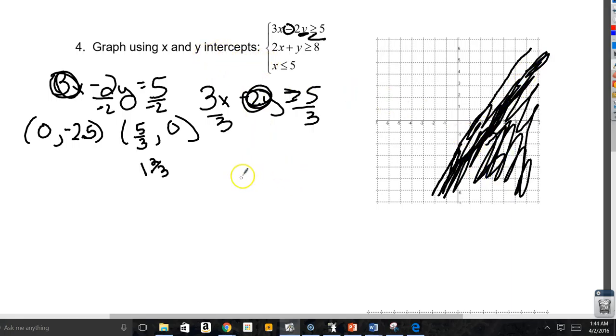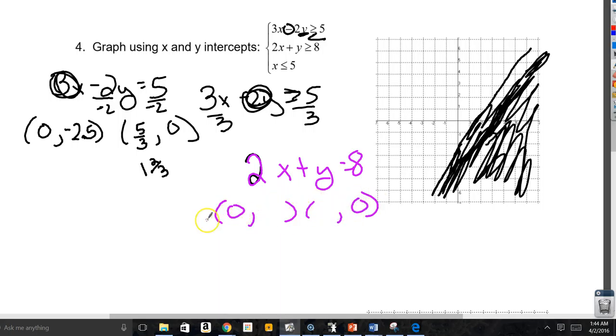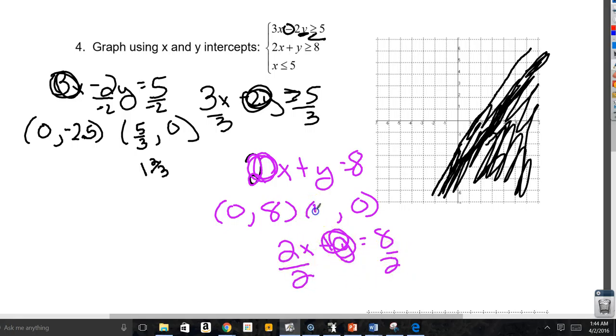So now let's do the next one. I'm going to do it in purple. So 2x plus y equals 8. If x goes away, y equals 8. If y goes away, x equals 4.